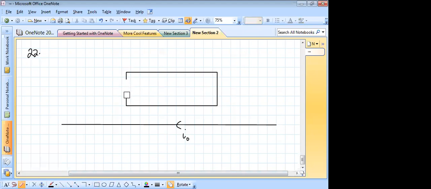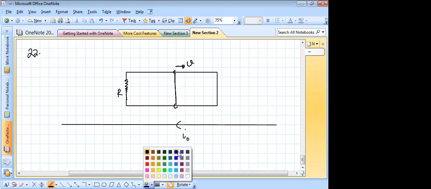Okay, I'll explain. No, you have to do that only. So what is happening is that your moving rod is in a variable magnetic field. So we have to integrate this. So this is moving with a velocity v.